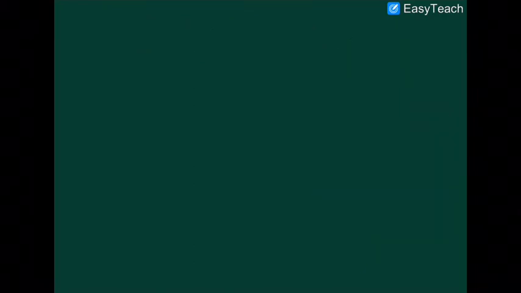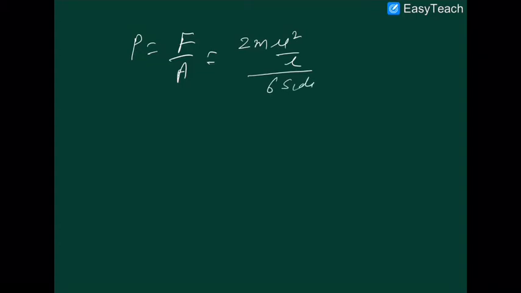Now, pressure is equal to force by area. Change in momentum is force, so it is 2m mu square by L, divided by the area, which is 6 side square, that is 6L square.